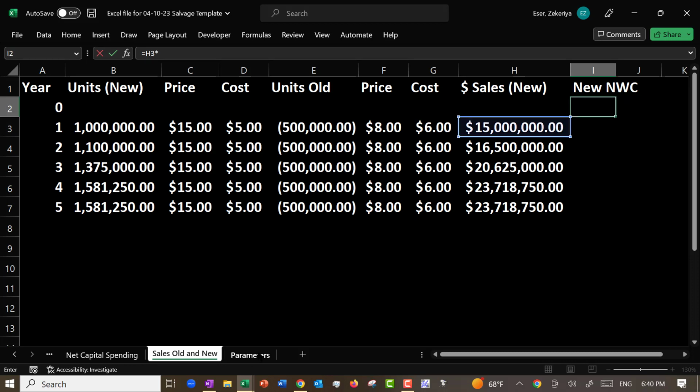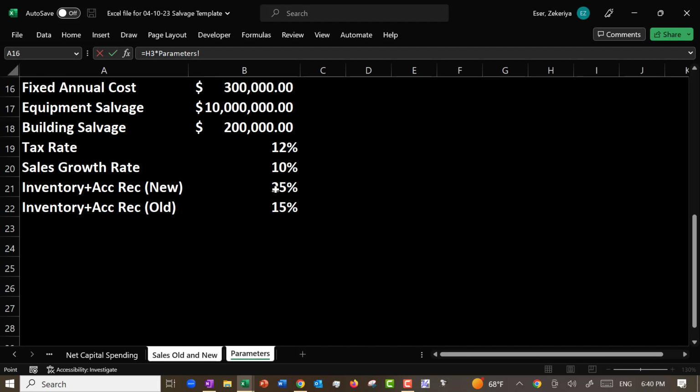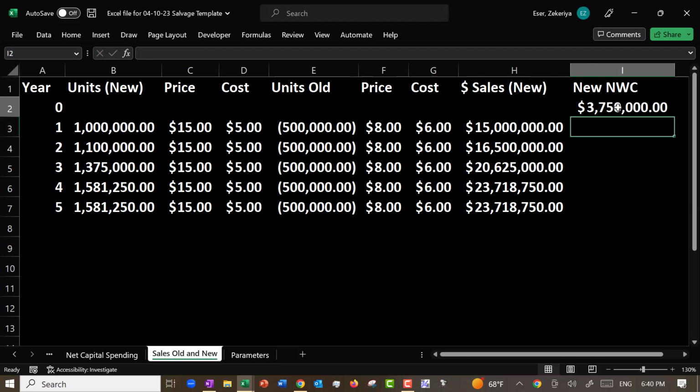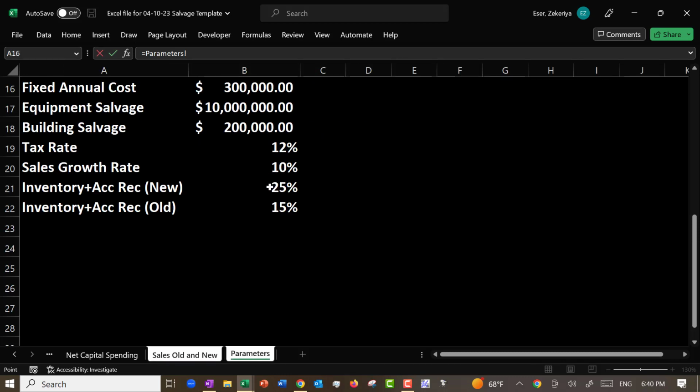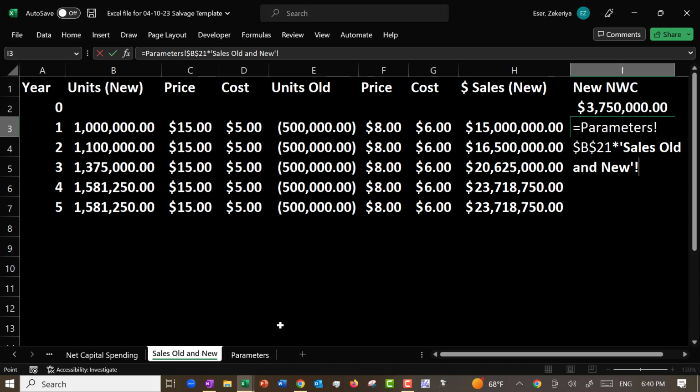So I'm gonna need first year an increase of 375 in new net working capital, but every year I'm gonna take that percentage and apply it to the difference in sales.